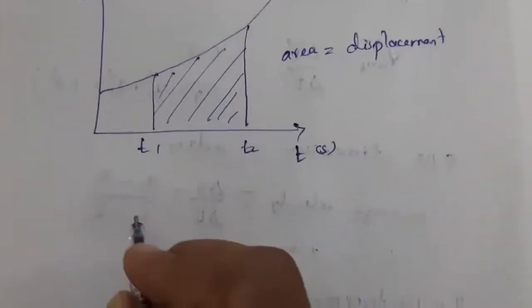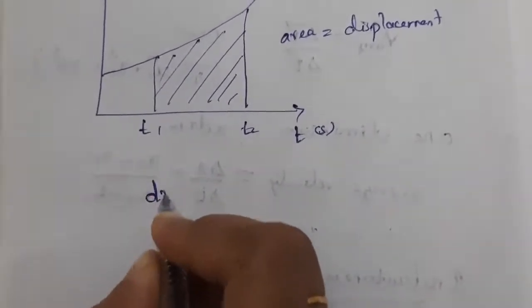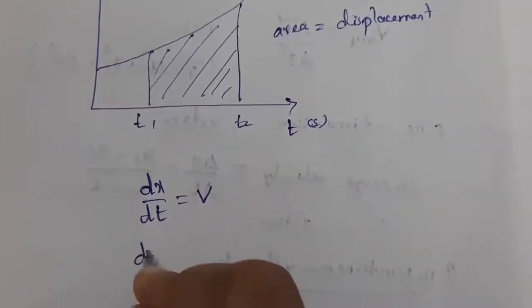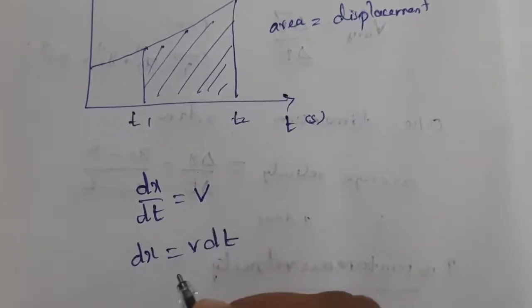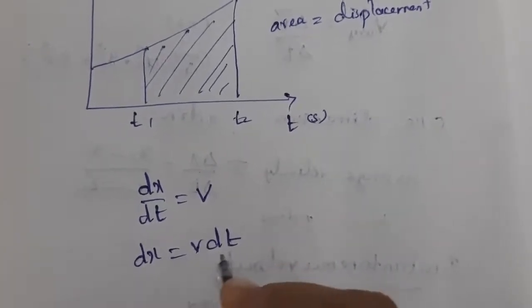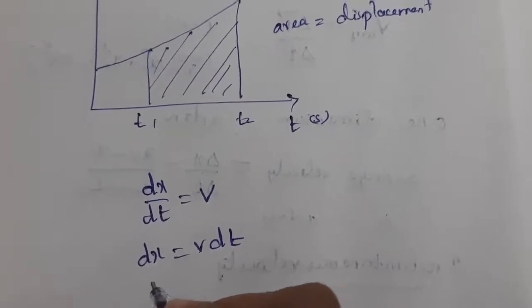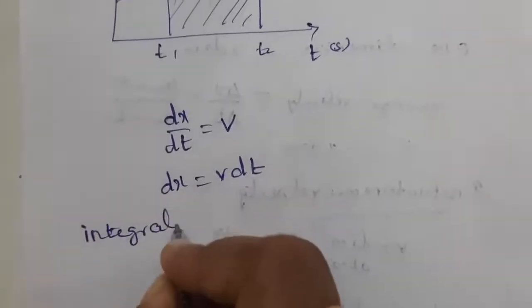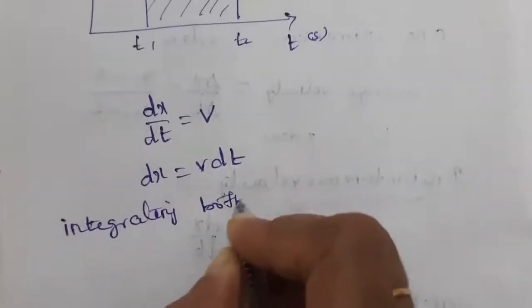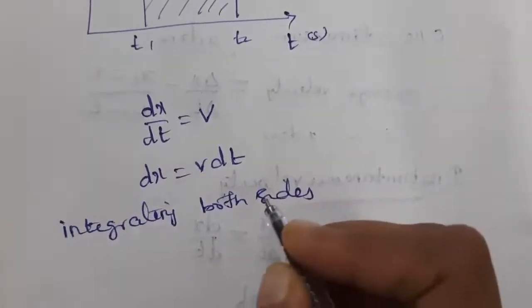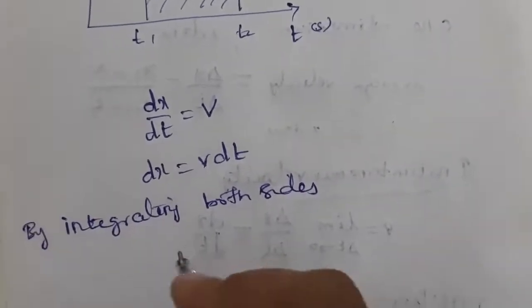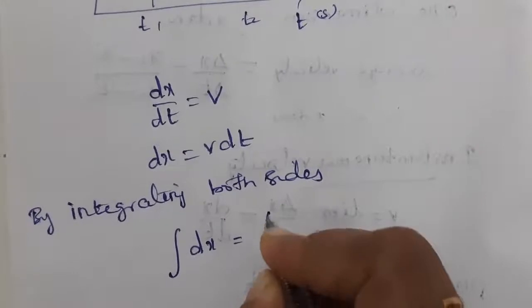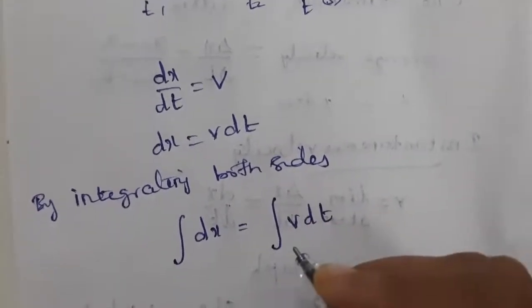We know the velocity formula, that is dx by dt is equal to v. From this we can write dx is equal to v into dt. Now by integrating both the sides, we can write integral dx is equal to integral v dt.